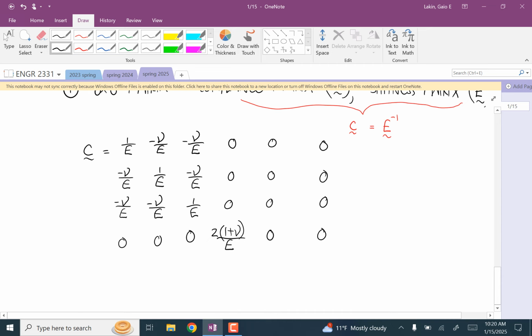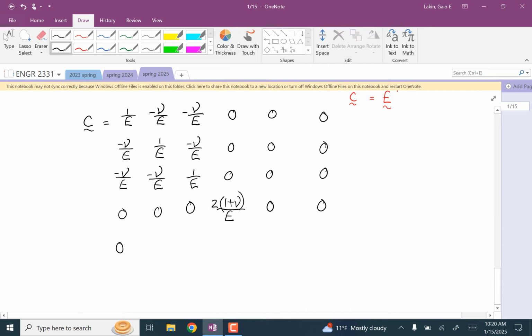And then that one just keeps bopping along to the right. So the next one is 0, 0, 0, 0, 2 times 1 plus nu over E, 0. And then finally 0, 0, 0, 0, 0, 2 times the quantity 1 plus nu over E.